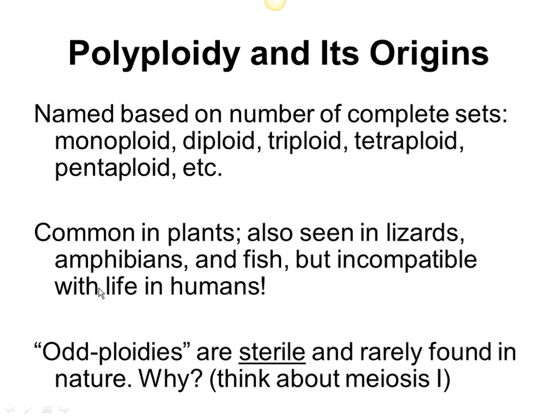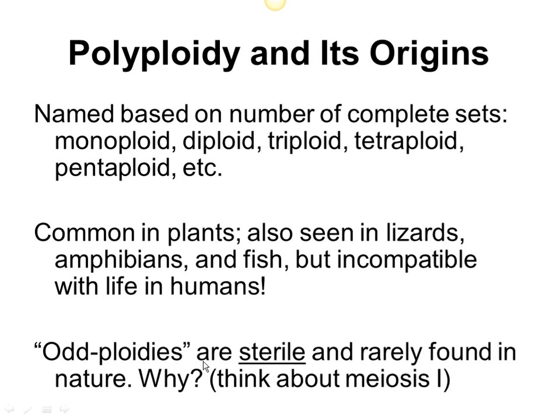So you won't have a live person who is a triploid, for example. Now, primarily we're going to be talking about plants. Any plant that has an odd ploidy, an odd number of chromosome sets, will be sterile. And so they won't usually be found out in the wild because they're sterile.